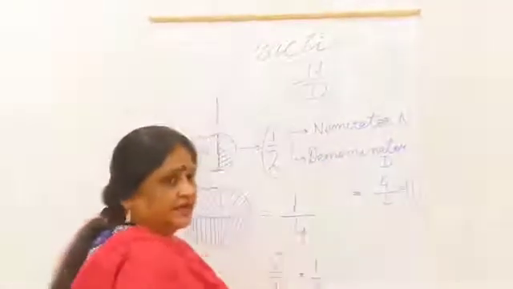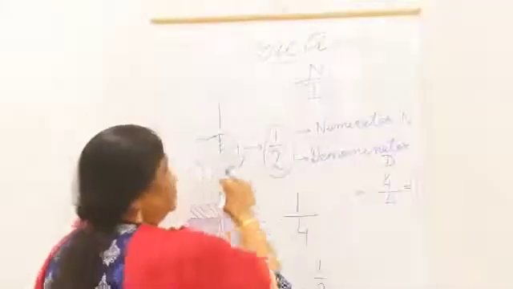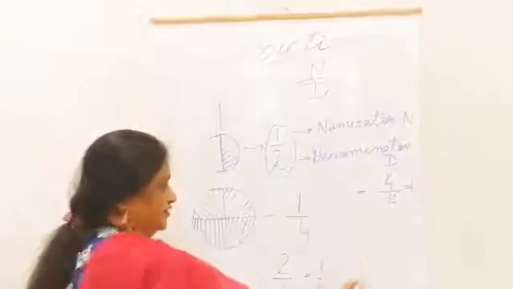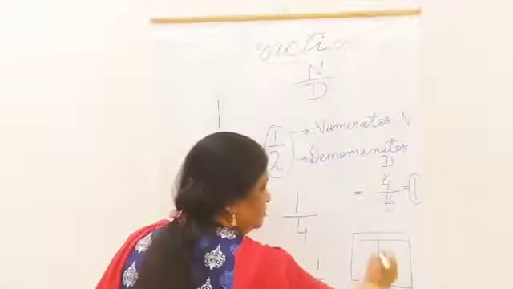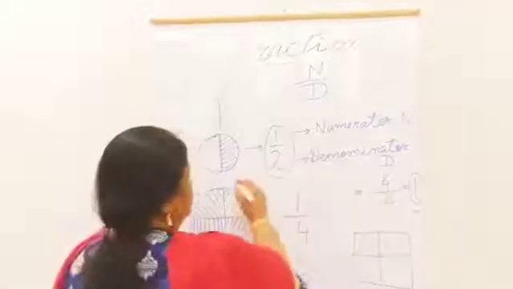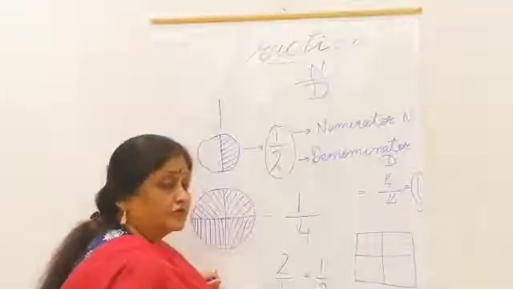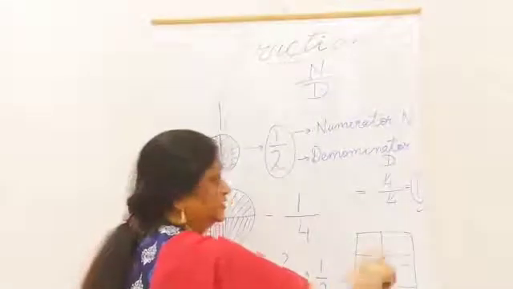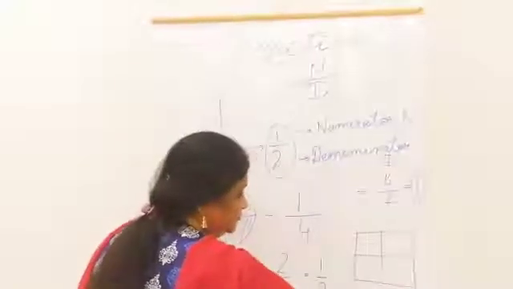Now what is denominator? Denominator means the number of parts that we have divided the whole into. If I take a square and divide the square into 4 parts, how many parts have I made? 4. So the total number of parts, the denominator, is 4.